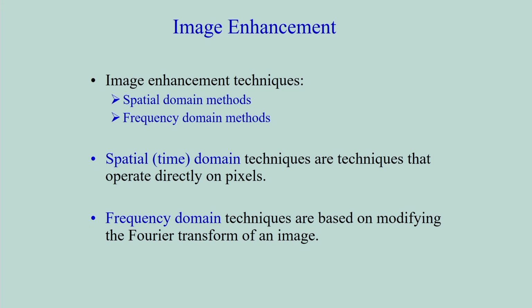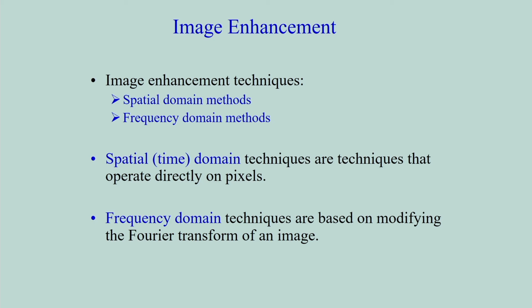So before discussing the image filtering concept, I will first discuss some image processing operations. Already you have understood these operations. I am going to explain them again, some of the operations like zooming and some neighborhood operations. So first one is the image enhancement techniques that can be implemented in spatial domain or in frequency domain.